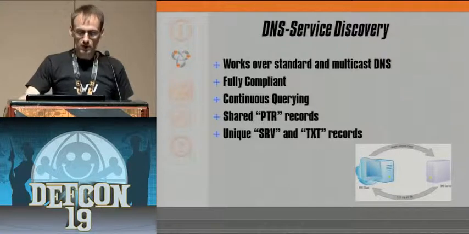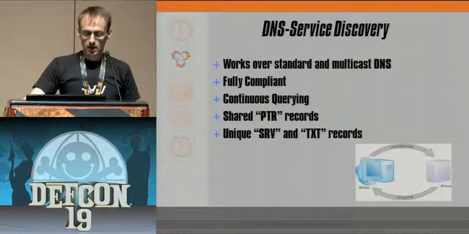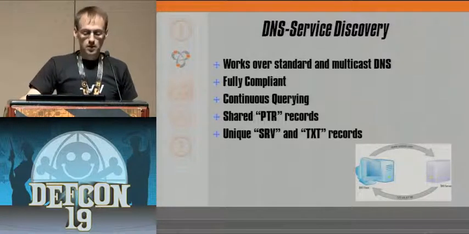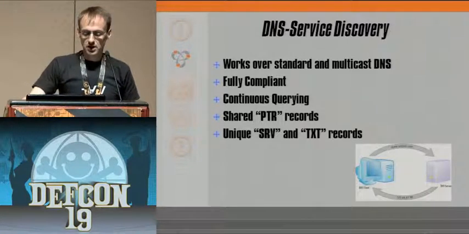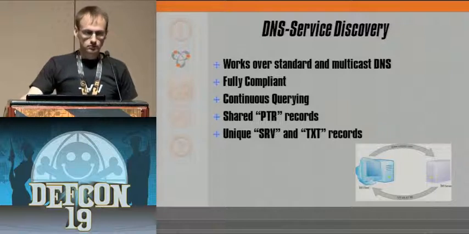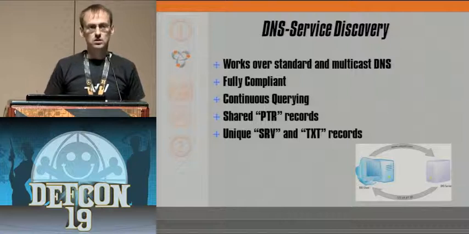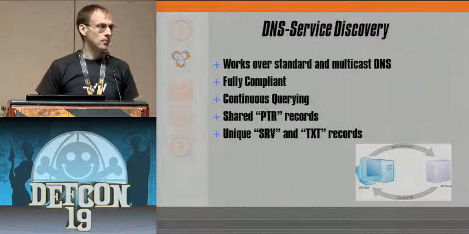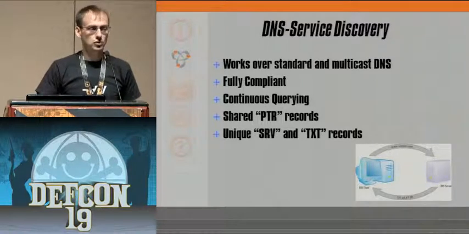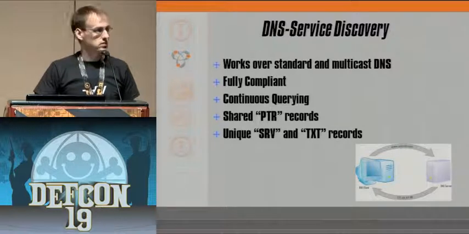Now, it's important to keep in mind when you're dealing with multicast DNS of shared records, because shared records in DNS service discovery work like this: let's say you have a community of hosts participating in multicast DNS and also DNS service discovery, and of those, let's say you have 5 that offer FTP services. Those 5 will actually share the pointer record for the FTP service.